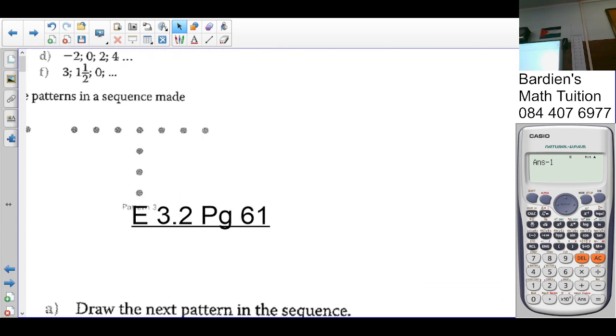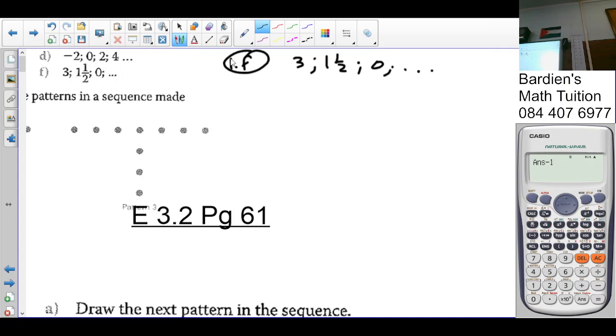So in number 1, you are given 3, 1.5, 0. So what is the question? You are asked to work out the general term. So what's my first term here? 3. What's my d value? It was term 2 minus term 1, which is 1.5 minus 3, which is negative 1.5.